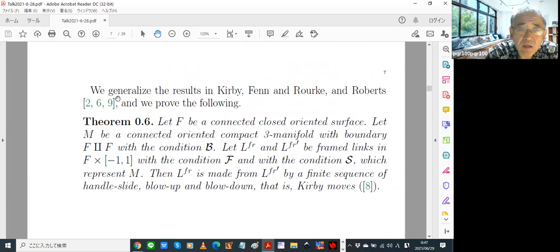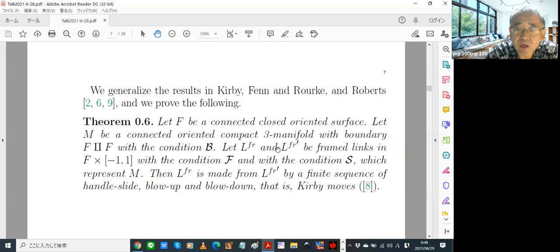We generalize the results of Kirby, Fenn, Rourke, and Roberts again, and we prove the following. Let F be a connected closed oriented surface. Let M be a connected compact three-manifold with boundary F and F, with the condition B, the fixed meridian and longitudes.